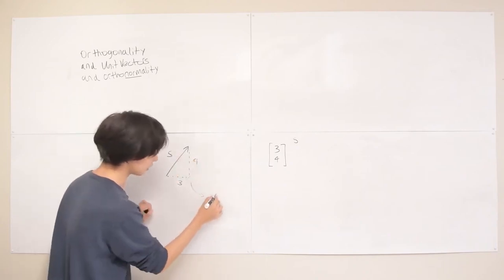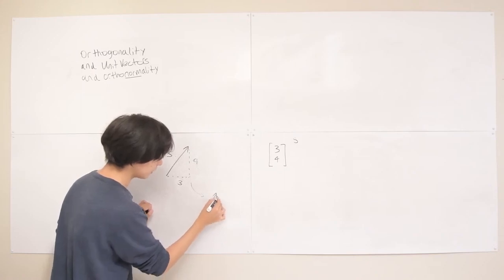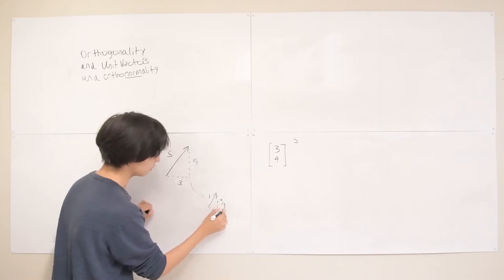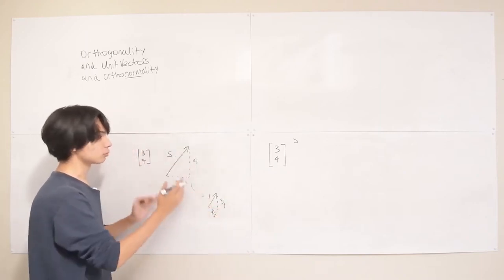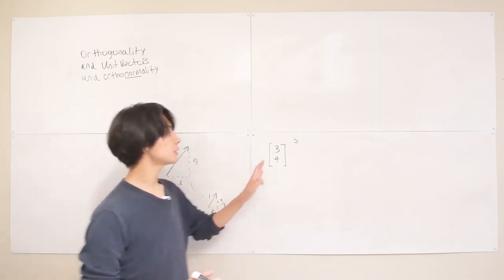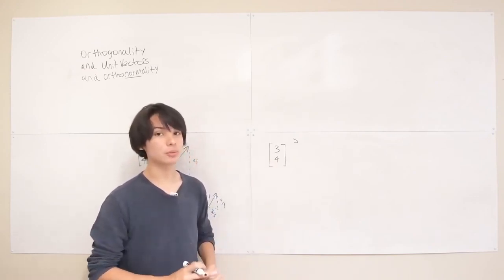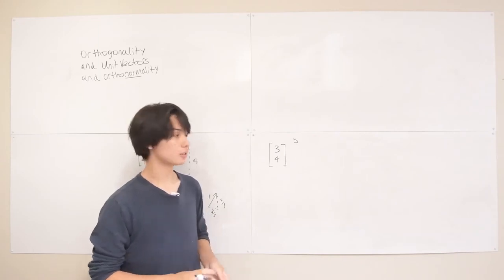This is essentially a little triangle with hypotenuse 1, and sides 3 over 5 and 4 over 5. We're just scaling down the entire vector. That's basically what you're doing when you turn a normal vector into a unit vector: you're keeping its direction but changing its magnitude.